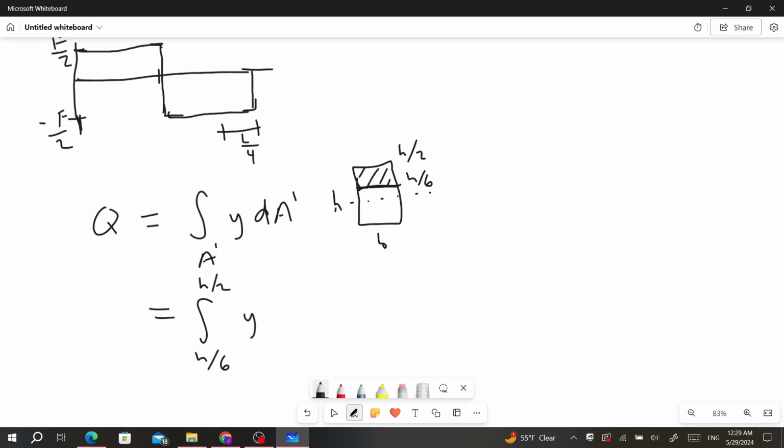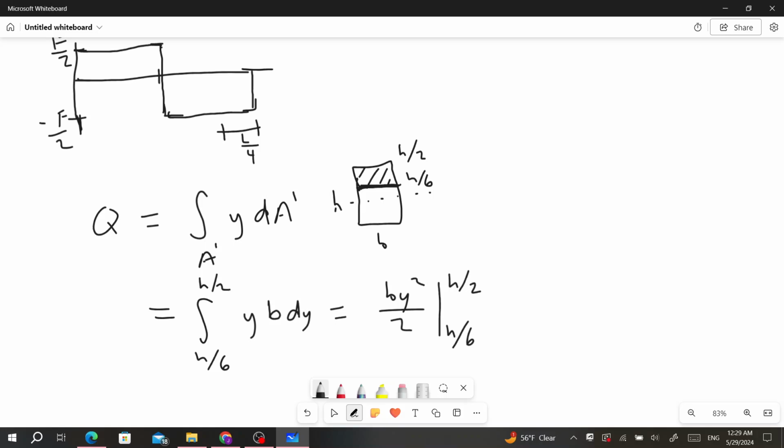If we're taking integral slices, each differential area is going to have a width of b and a thickness of dy. We can do this integral, and we end up with b y squared over 2, evaluated from h over 6 to h over 2.